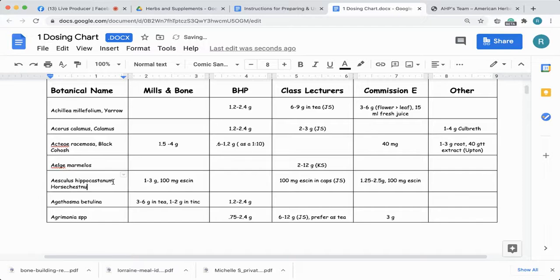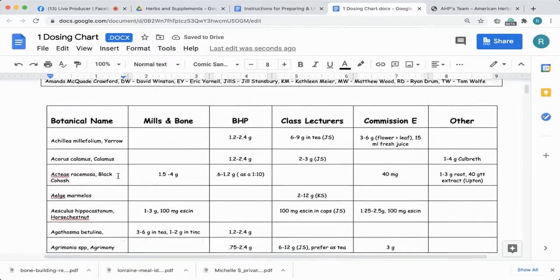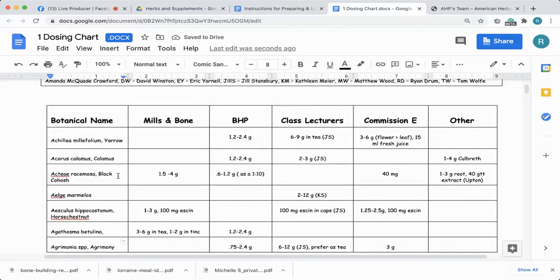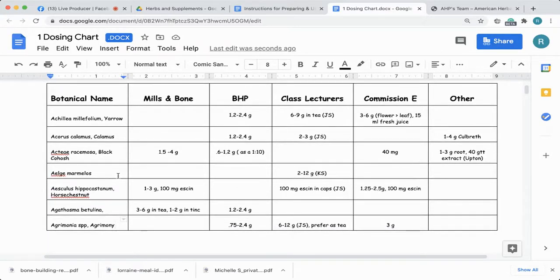So somebody could go through this list and add the common name next to the botanical name. That would be a good way to learn this material, because really the only way to remember these binomials is to play around with them.